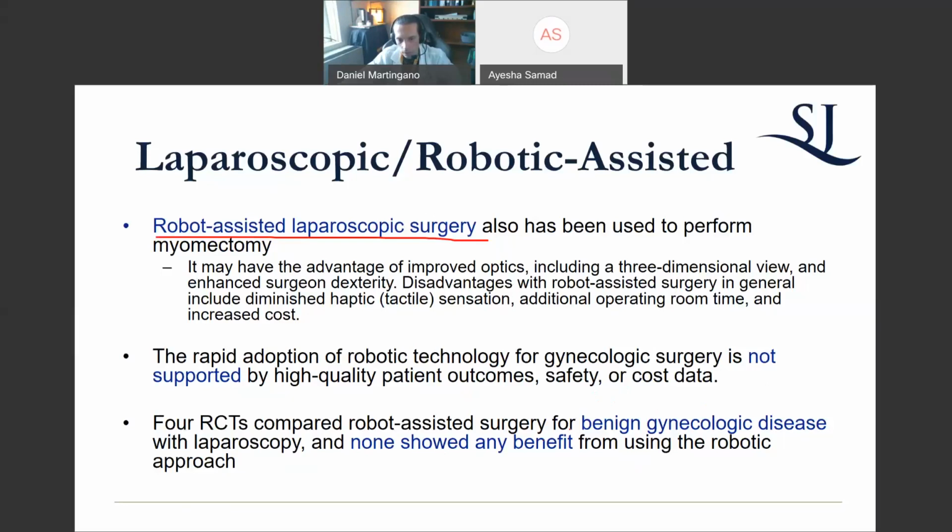It says benign gynecologic disease because when you're dealing with gynecological cancer, endometrial cancer, right?